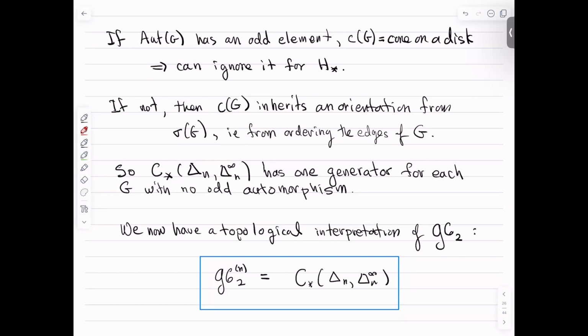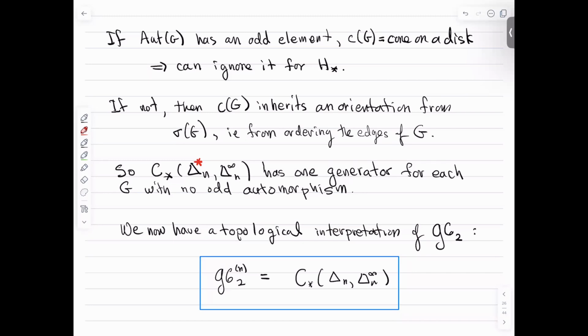So the upshot of all of this little discussion about homology spheres and homology disks is that the relative chain complex only has cells, since all the cells at infinity are zero when we're doing relative chains. So we're only interested in the cells in the interior, and that's got one generator for each graph with no odd automorphisms.